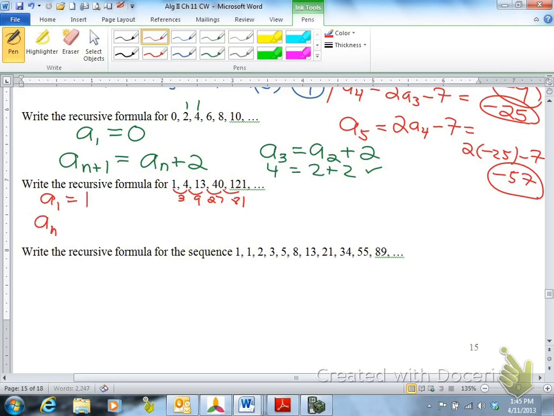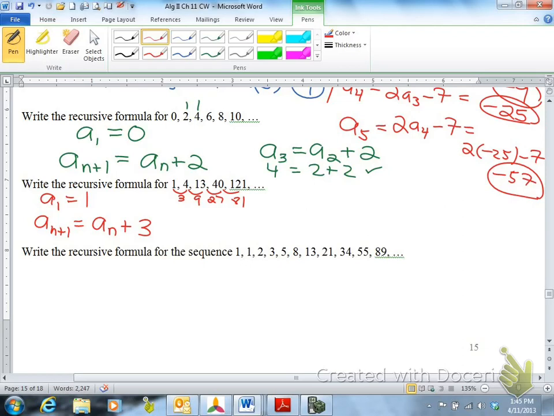To get the next term, you would take the 1 before it plus a power of 3, like either 3 to the first, 3 to the second, 3 to the third, 3 to the fourth. So you'd have the term before it plus 3, but it's not always 3.